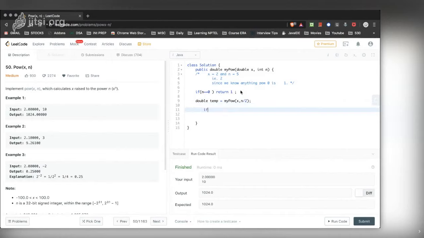Now we come into a situation where n divided by 2 is equal to 0, which means n is an even number. Then we'll just return temp into temp, because 2 power 2 can be written as 2 into 2.